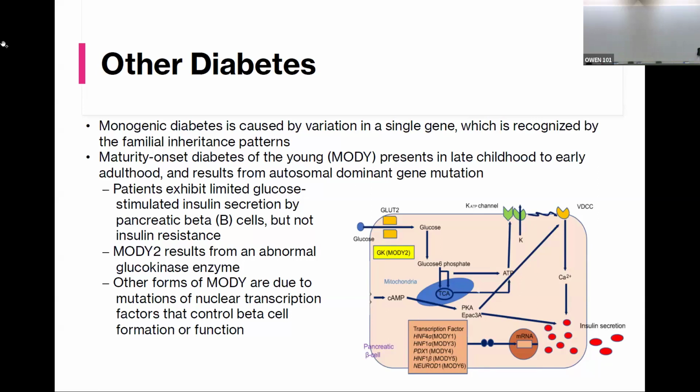Sometimes the glucokinase enzyme gets mutated, and then the sugar cannot be phosphorylated anymore. As you know, when you take sugar into the cell, the first thing is phosphorylation, right?